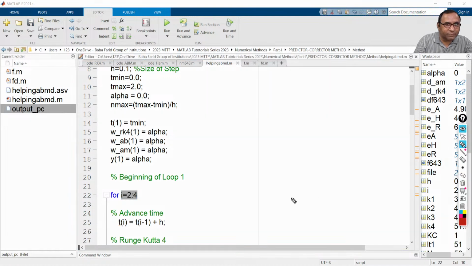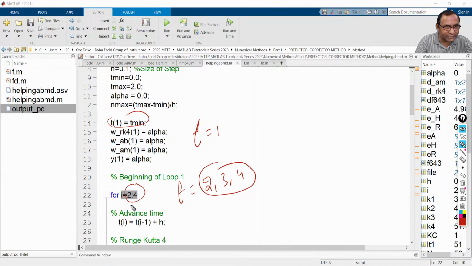Okay. See here, this is T is equal to 1, and when we expand, this will be 2, 3, and 4. Okay. So corresponding to this point, we have this when we extend the iteration. Okay. This is not the time.